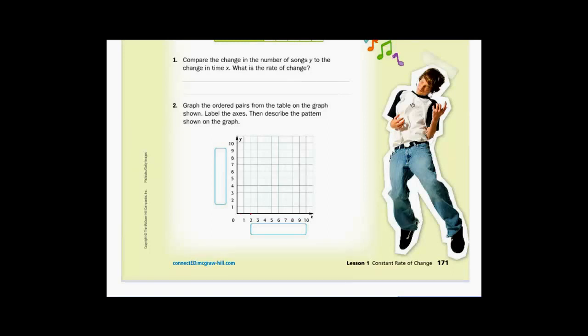And remember that the horizontal axis is the x. So that's your time, and you do that in minutes. Which leaves this to be y, which was the number of songs.